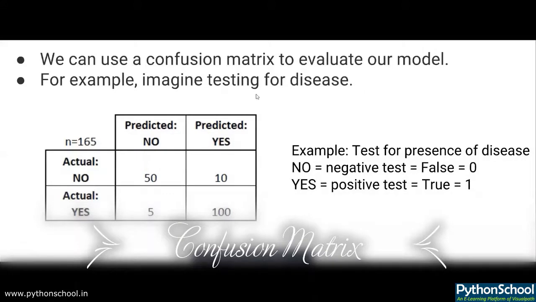Here yes would mean that they have the disease, and no would mean that they don't have the disease, and this is predicted and this is actual. Let's see how we can interpret this. Out of 165, they classify predicted yes 110 times and predicted no 55 times. And in reality, which is the actual, 105 patients have the disease and 60 patients do not have the disease.